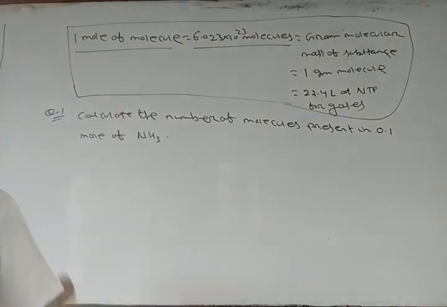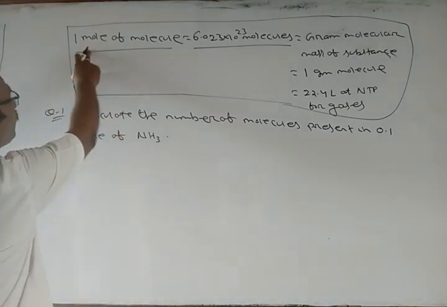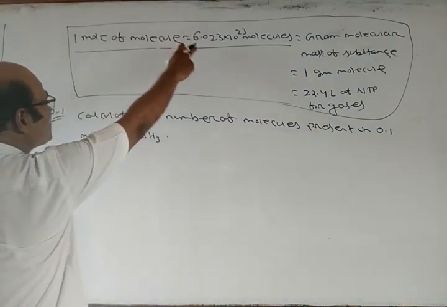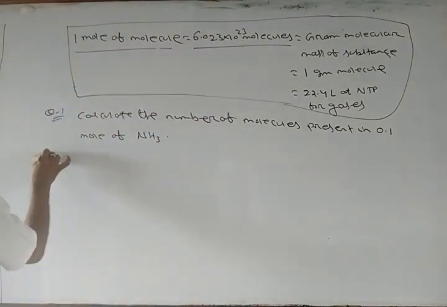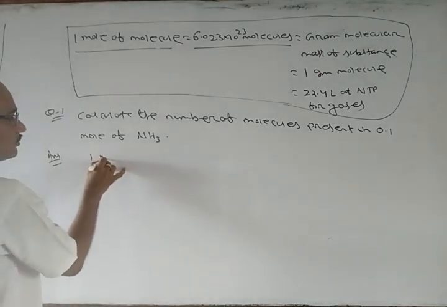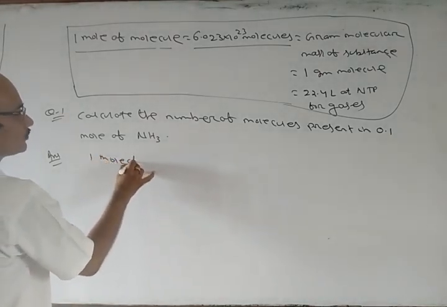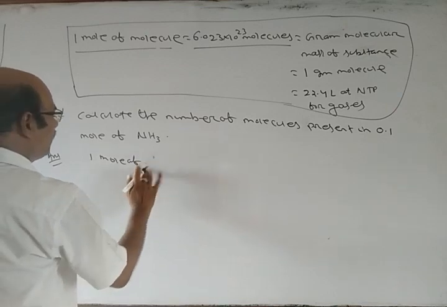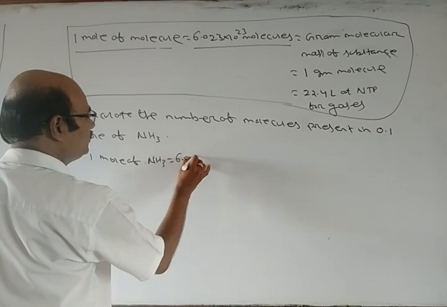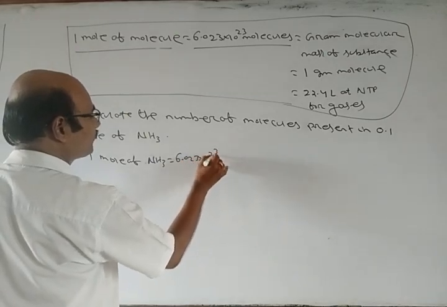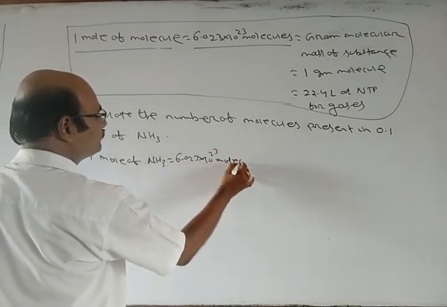Okay. We have seen here 1 mole of molecule is equal to 6.023 into 10 power 23 molecules. So 1 mole of ammonia is equal to 6.023 into 10 power 23 molecules of ammonia.